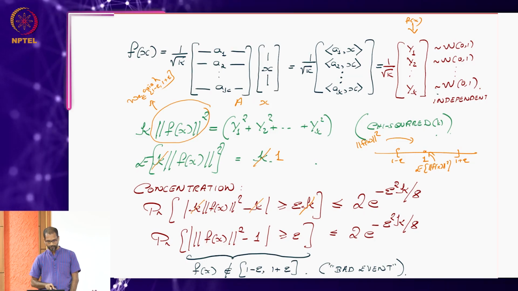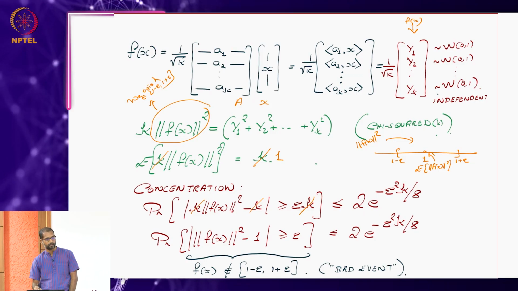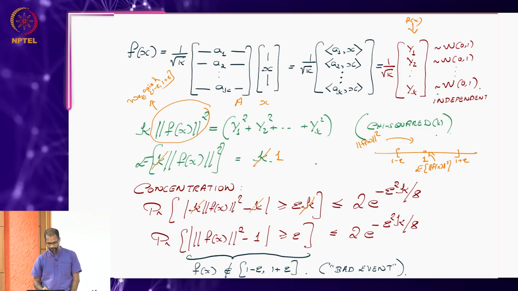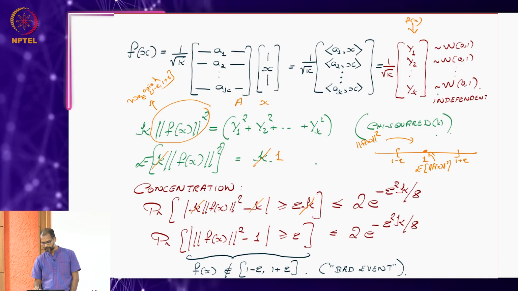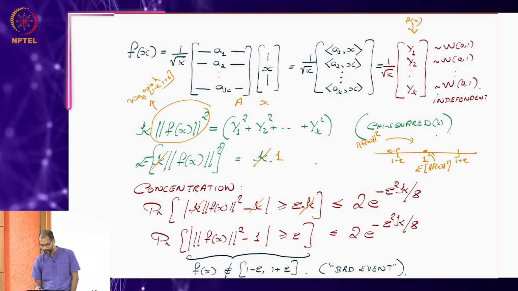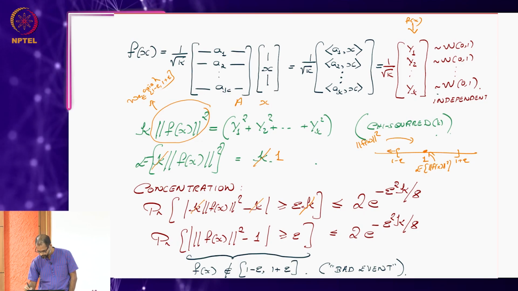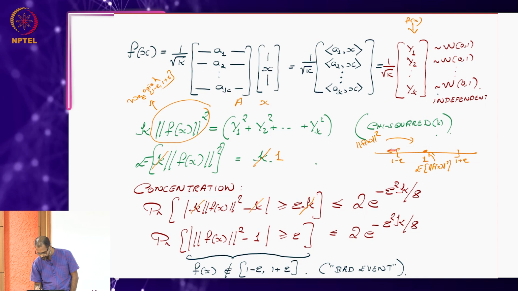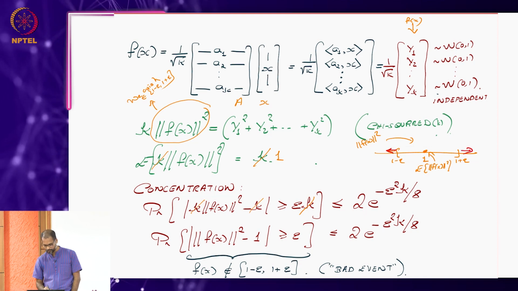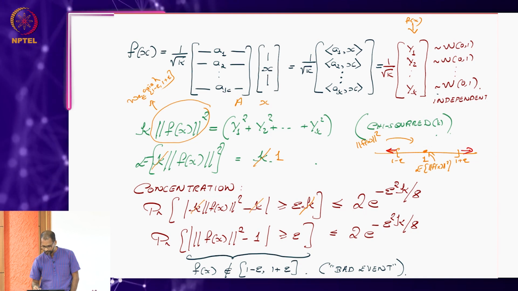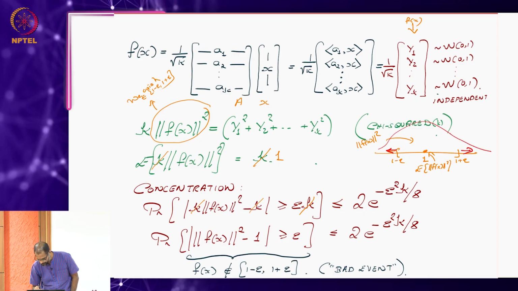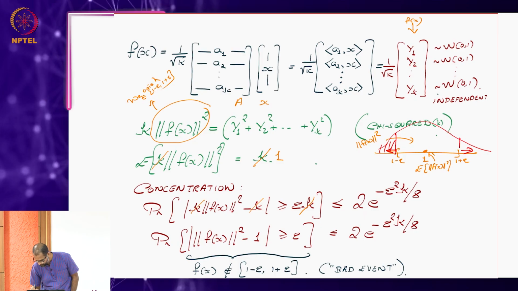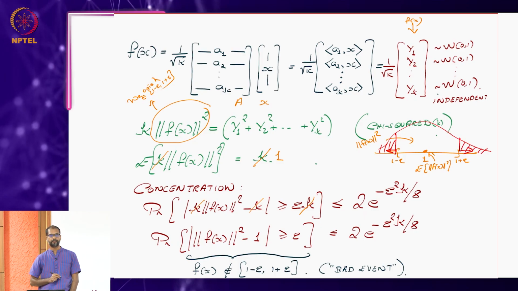I can cancel out the k from everywhere here and I get what I am after, right. The probability that this f of x squared, this random variable that I am studying, will deviate from 1 by more than some epsilon, which means the probability that it will either go here or here. That is what this red probability is, right. So, this will be some random variable which may have a curve which looks like this. We are talking about this area plus this area, okay.